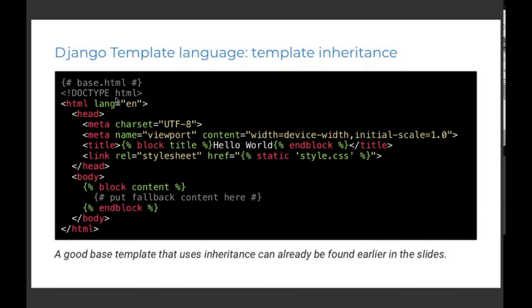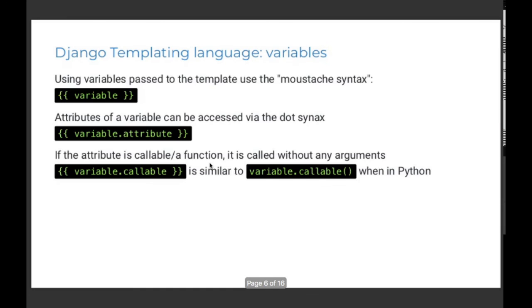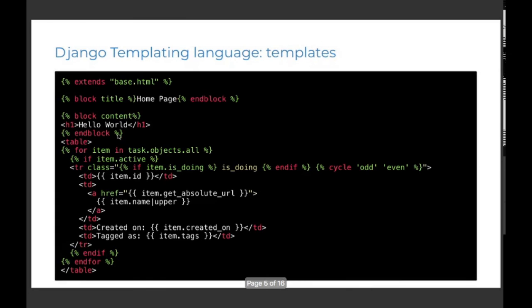So it would look something like this. A base.html example. I have all the basics for an HTML file right here, but notice I have a block here named title and a block here named content. So this block title, if you remember from this slide, homepage.